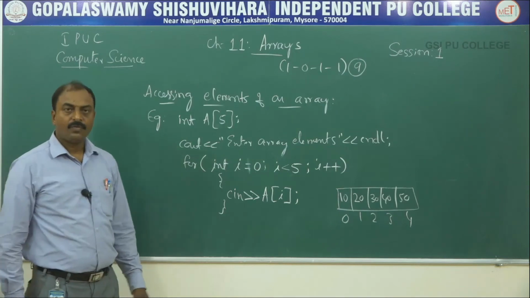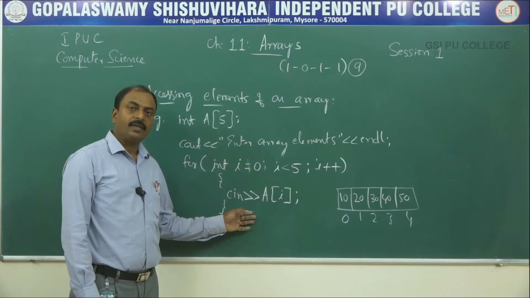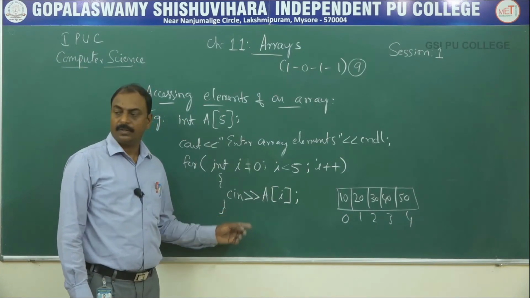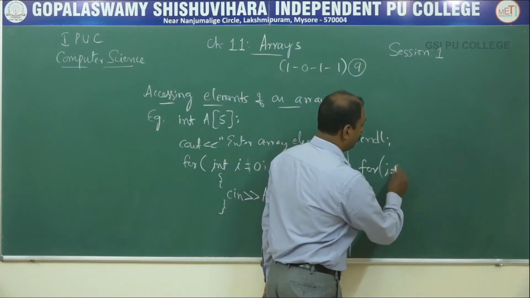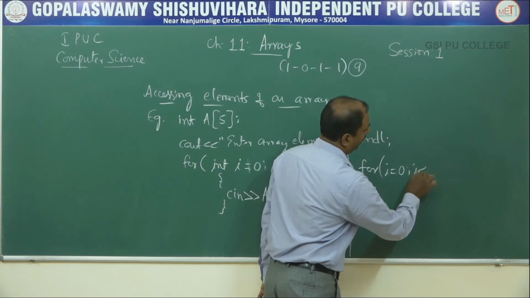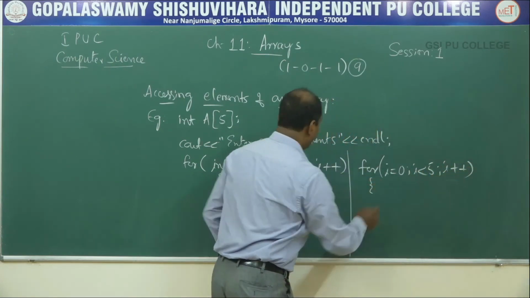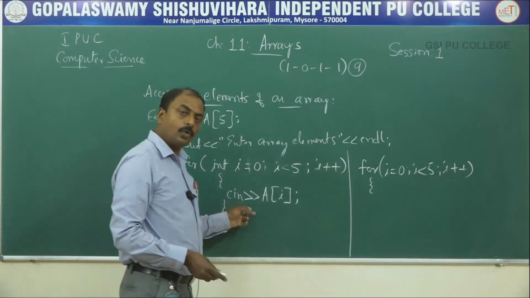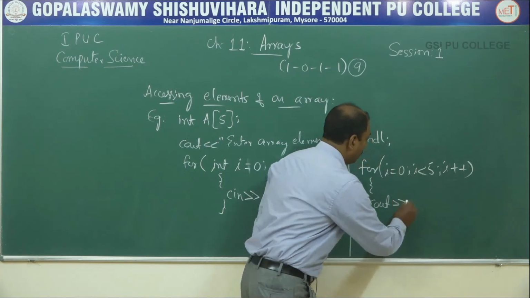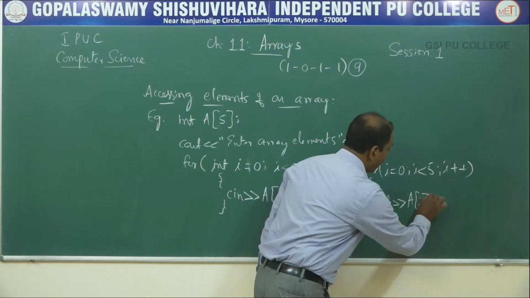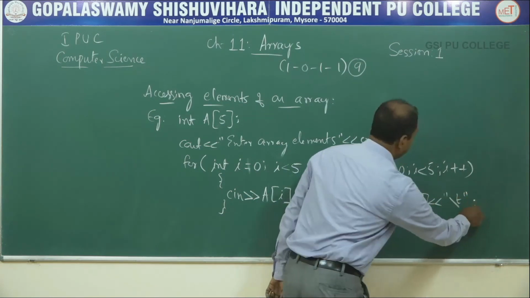Similarly, we can also access the array using an output statement. If we want to print an array, we can make use of an output statement. For output: for i equals 0, i less than 5, i plus plus, and in the place of cin, we write the output statement, that is cout, A, the name of the array, i is the index, and we can have a backslash t, semicolon.